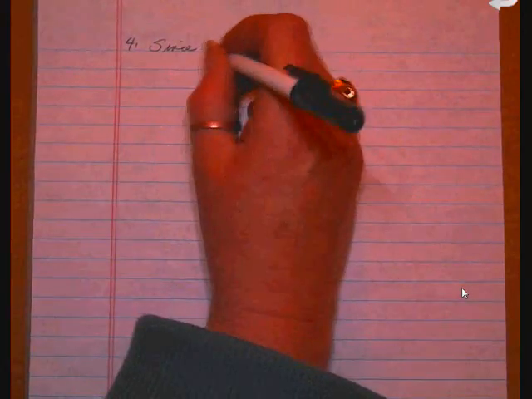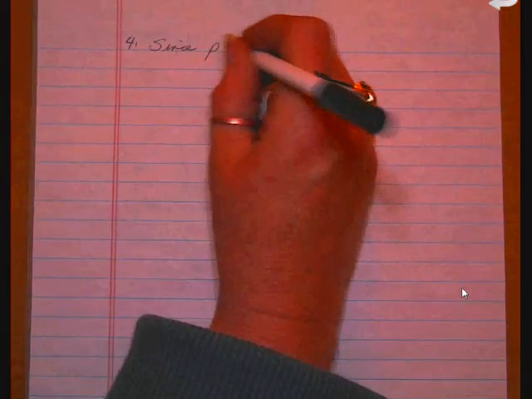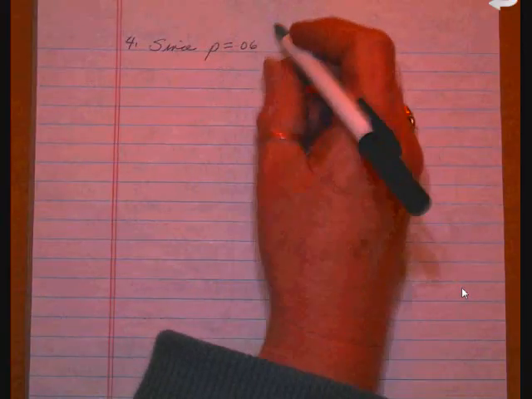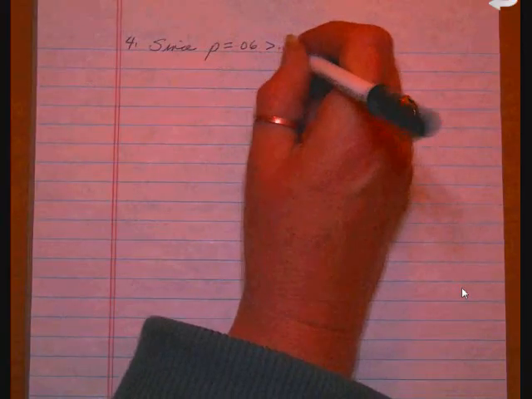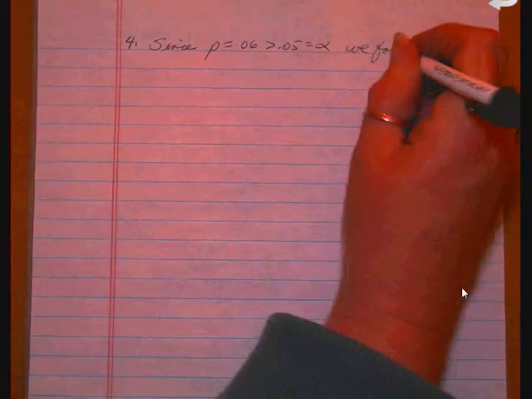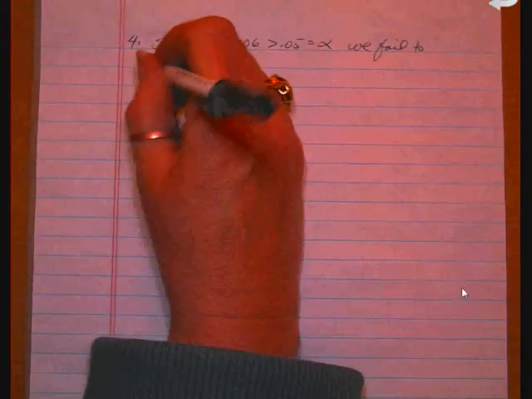Step 4. Obviously doesn't come from the calculator. So my p-value was 0.06. What alpha would you like to use? Okay. So we are greater than 0.05, which is our alpha. We fail to reject our null hypothesis.